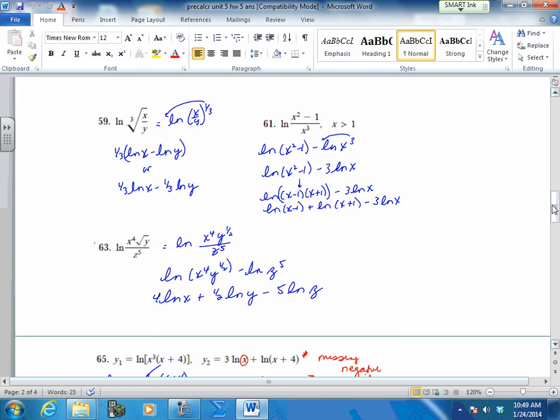Okay. These were the hard ones. Okay, let's take a look at 59. Was everybody able to say that this was 1/3? Bring your cube root in. If I just did the cube root of y, you would give me y to the 1/3, right?